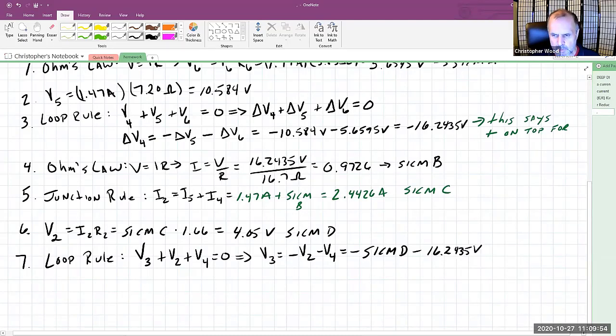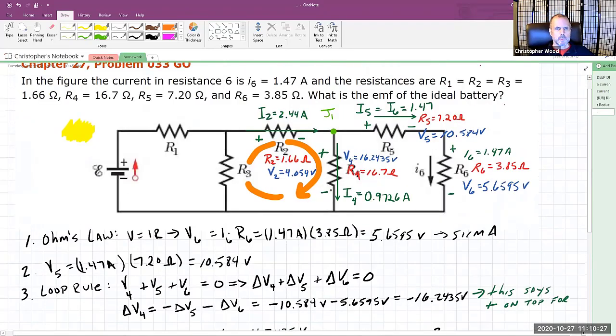I didn't store that just because it's finite. So this equals negative 4.054 plus 16.2435, 20 and some change, 20.298. And I'm just going to go back to A and put that in store alpha A, 20.298.